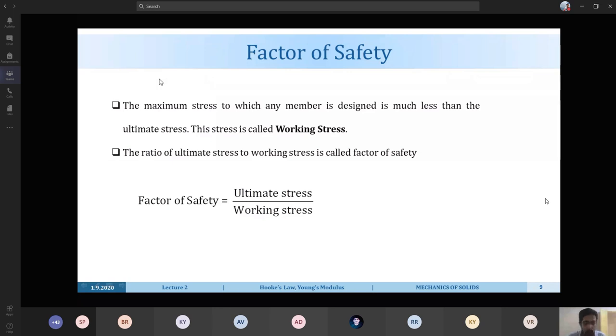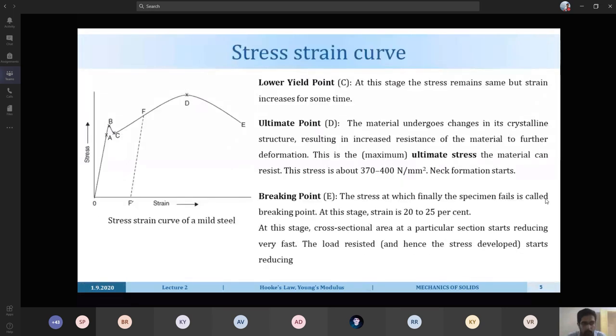When we have to design a structure, whatever forces come on it should not be above the yield stress. Always when we design any structure, the primary motive is that the structure will not have a stress beyond the yield stress.